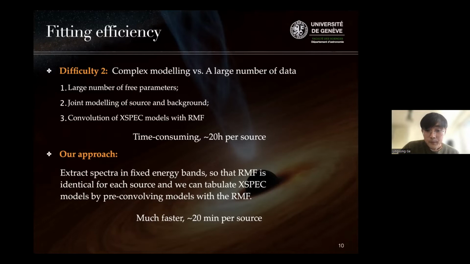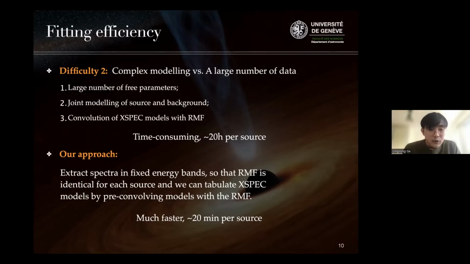And in the real fitting step, we can simply use pure Python code to interpolate between the tabulated grids to obtain our fitted spectrum. And this gives us a much faster computation speed, which only needs about 20 minutes for each source.